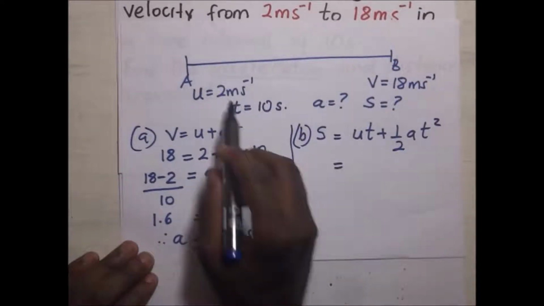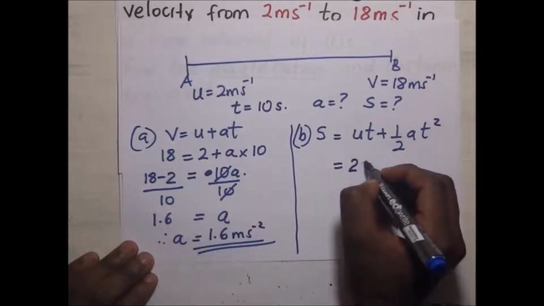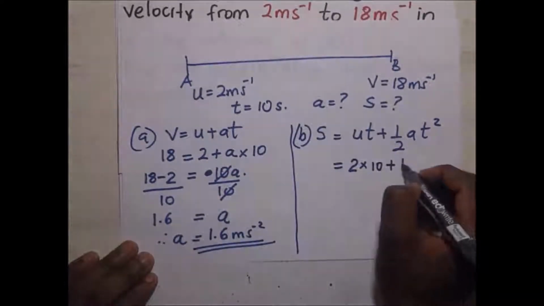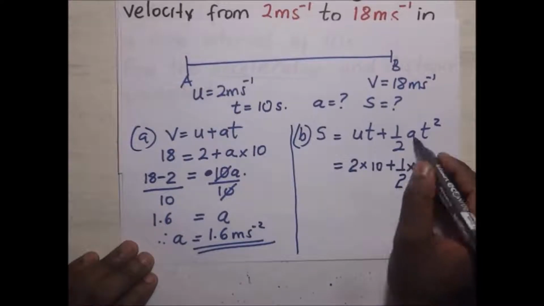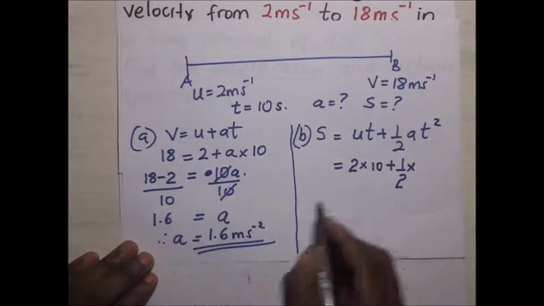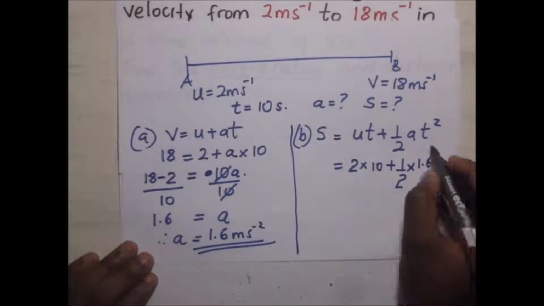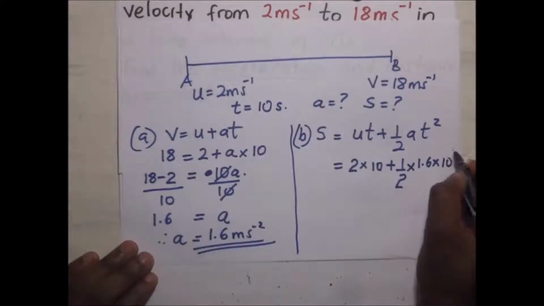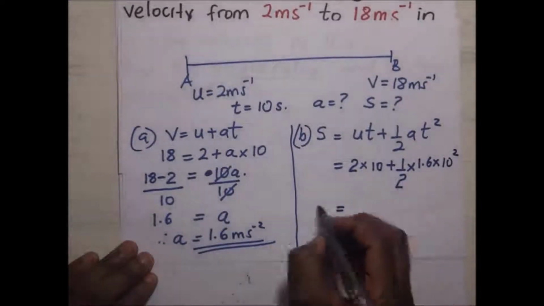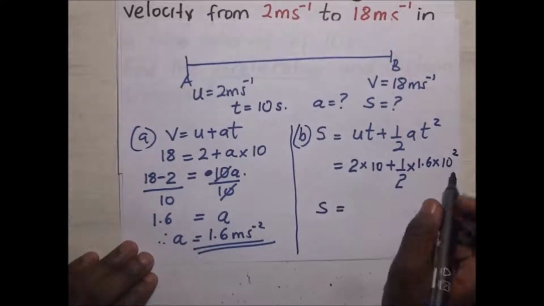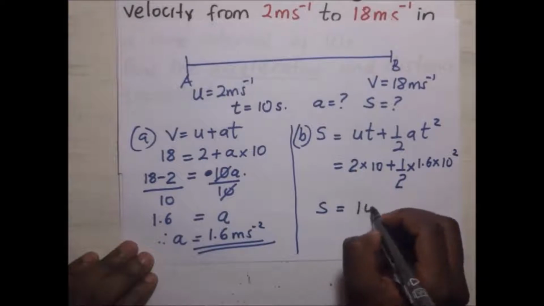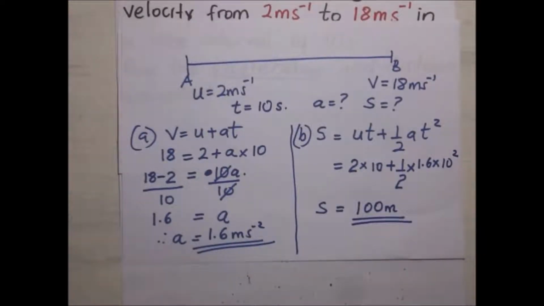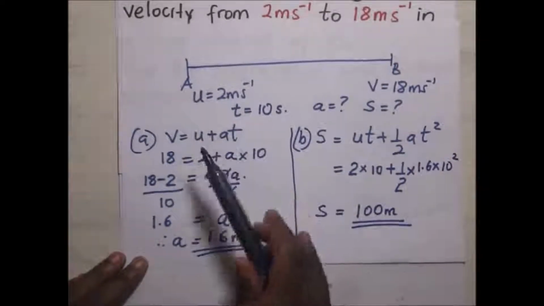Our initial velocity u is 2 meters per second, so it is 2 times our value of t, which is 10, plus a half times our acceleration, which we got here as 1.6, times time squared, where t is 10. 10 squared is 100. When we sum all this up, you will get 100 meters. And that is our distance traveled from A to B.